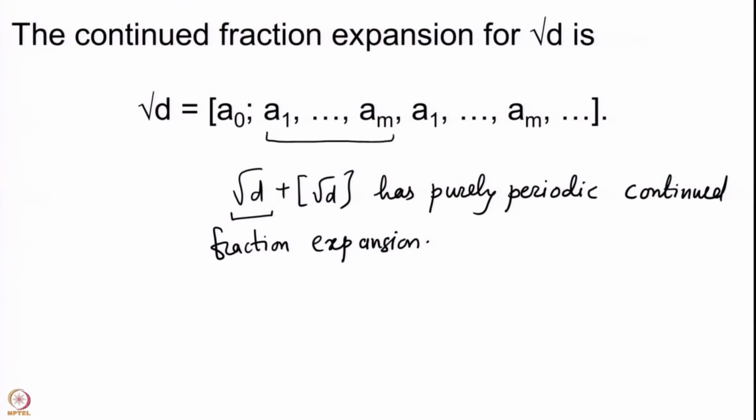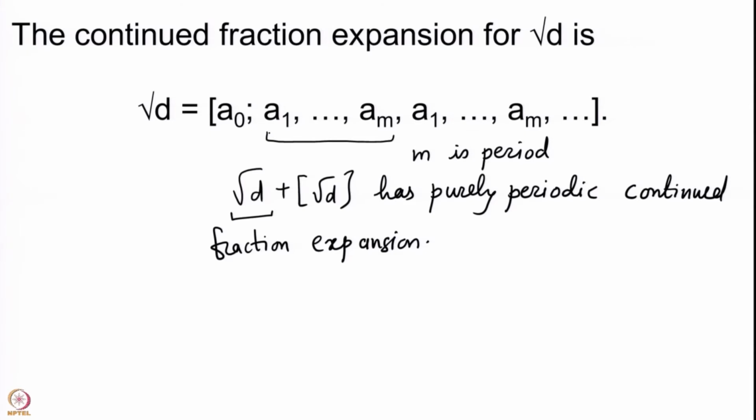So, you have that the continued fraction expansion will look like a1, a2, up to am, where m is your period of the expansion. And you can take m to be the smallest one where you have the repetition. So, m is the period of the continued fraction expansion, where the partial quotients get repeated. From the first step onwards we should have that these partial quotients start repeating.